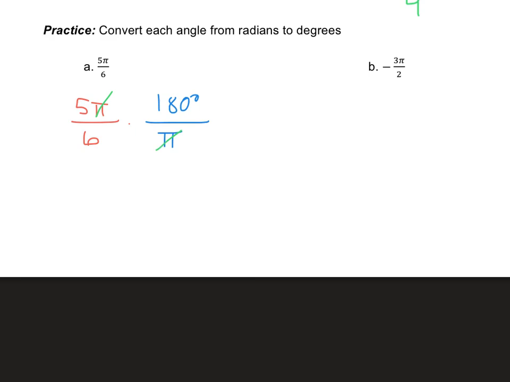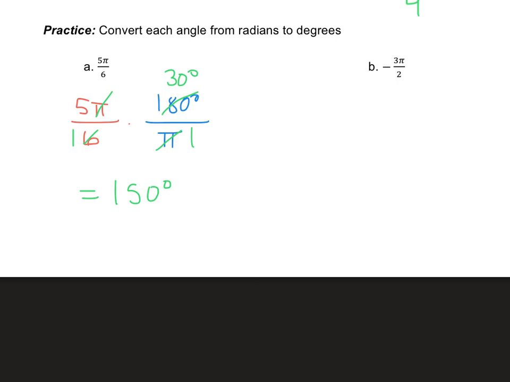So let's do some canceling. 6 goes into 6 one time. 6 goes into 180 30 times. So our result is 5 times 30, which is 150 degrees, over, we're just left with 1 times 1 in the denominator, so we get 150 degrees.